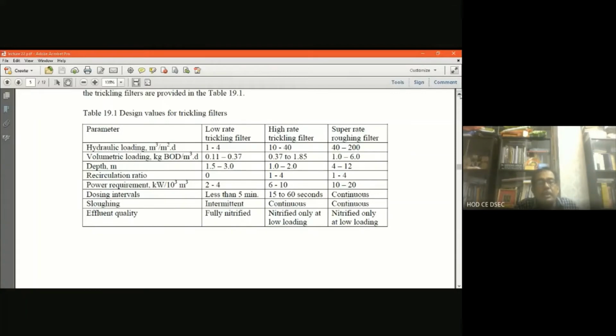Sloughing in the low rate trickling filter is intermittent; in the high rate trickling filter continuous sloughing is observed, and in super rate also it is continuous. Effluent quality: low rate is fully nitrified, high rate is nitrified only at low loading, and super rate is also only at low loading.